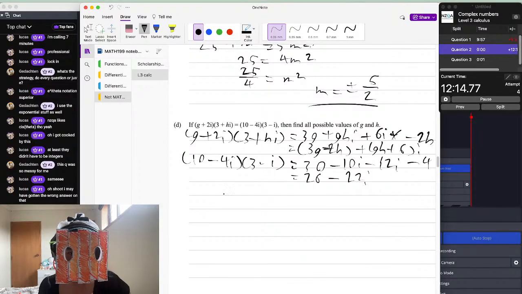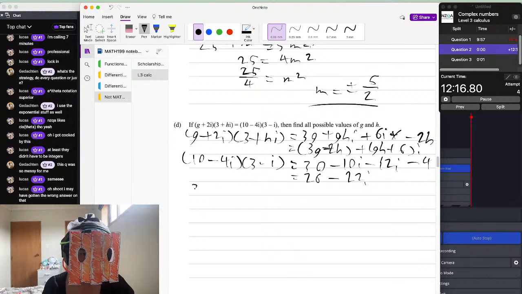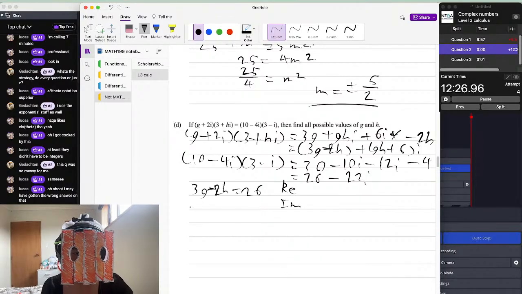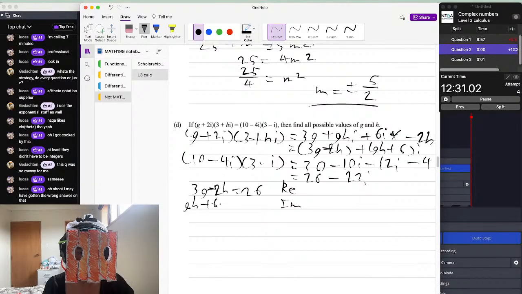Yep, that's correct. Equating both sides, that gives us 3g minus 2h equals 26. Equating the imaginary parts, gh plus 6 equals minus 22.